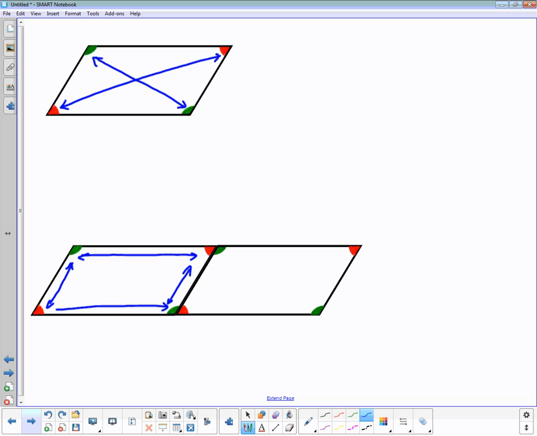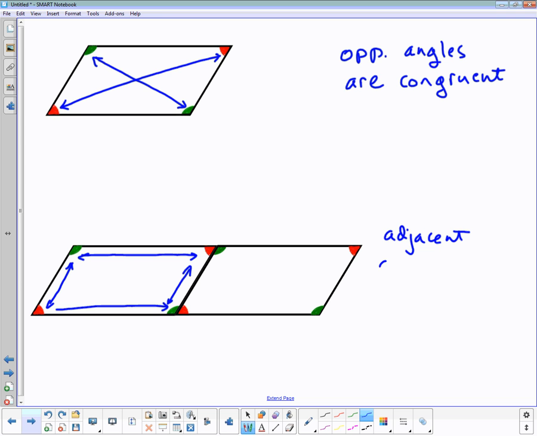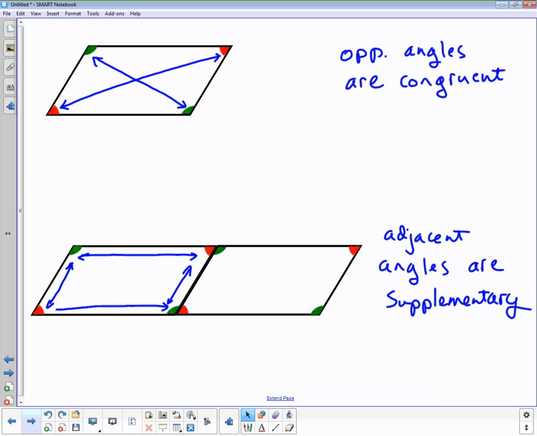So, we have, we also have, so adjacent are next door, opposites are on the opposite sides of the shape of the parallelogram. Okay.